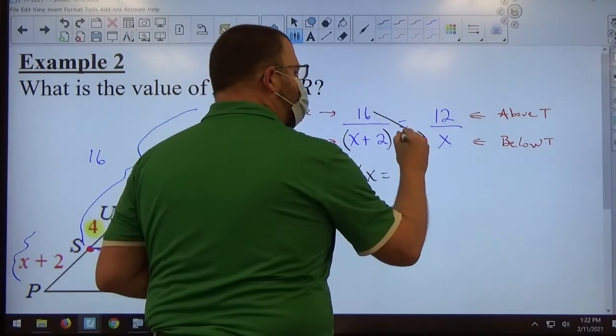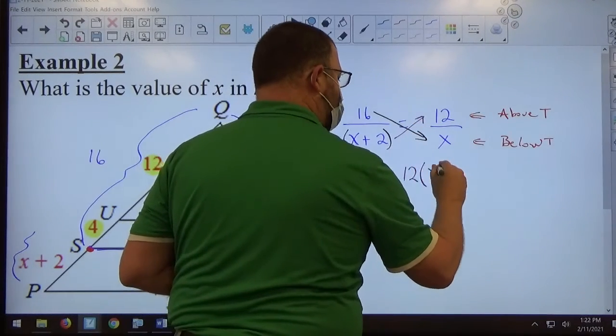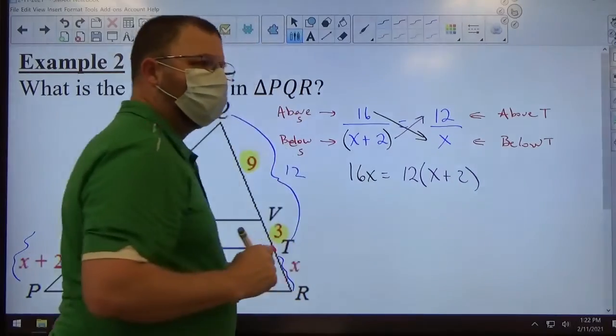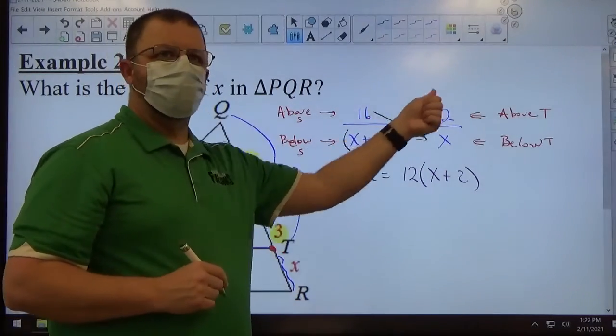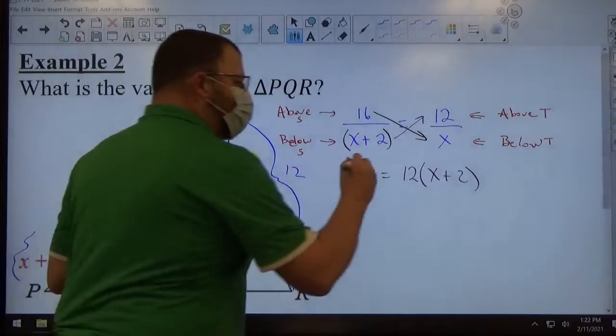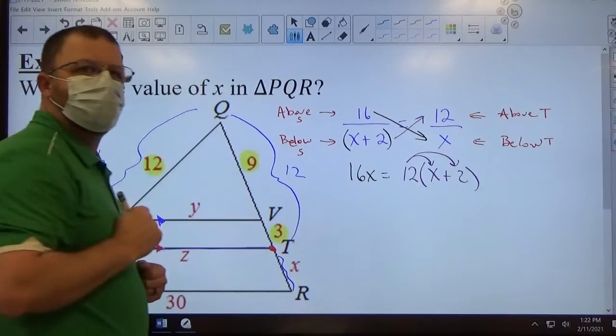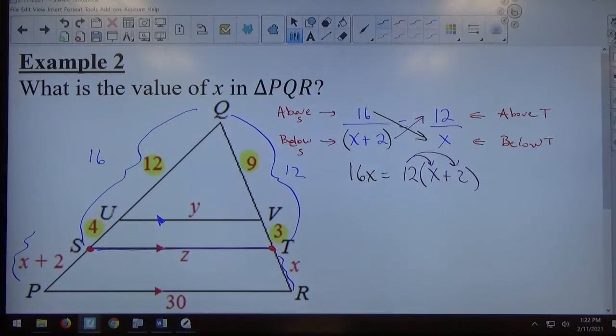When I do this product here, I'm multiplying 12, not times x or 2, but by the entire expression x plus 2. It's not 12 times x or 12 times 2, it's 12 times both pieces. So the distributive property says that this product happens and that product happens. Both numbers get equally multiplied by 12. Anytime you have a sum or difference multiplied by one thing, we distribute that one thing through.